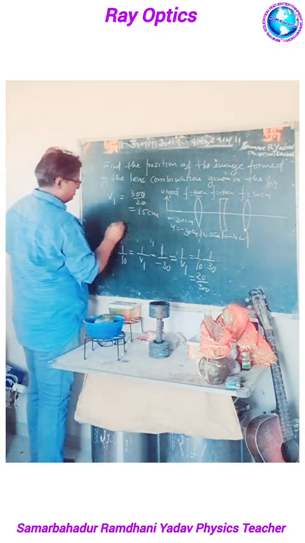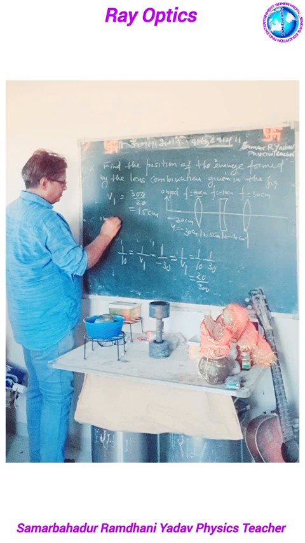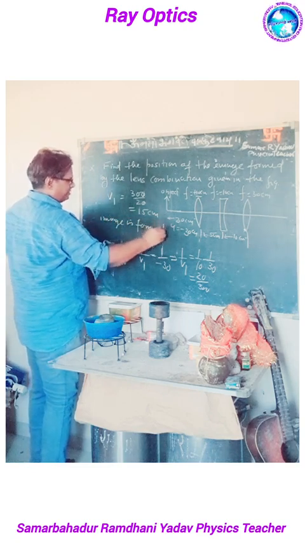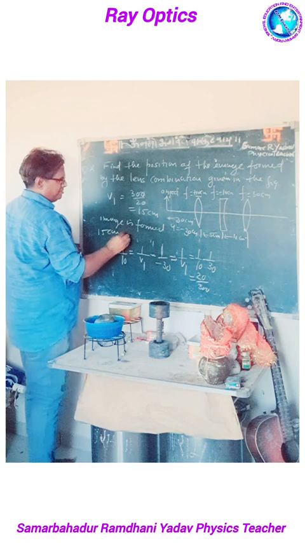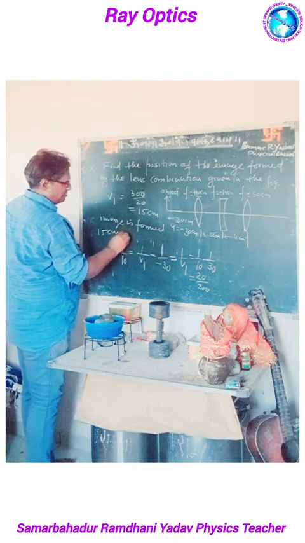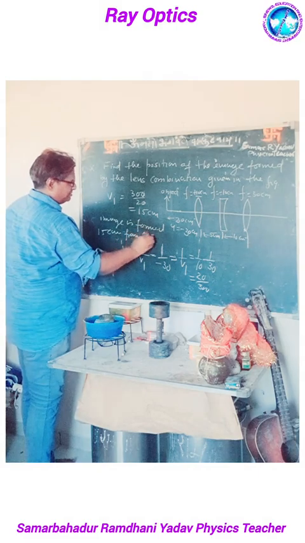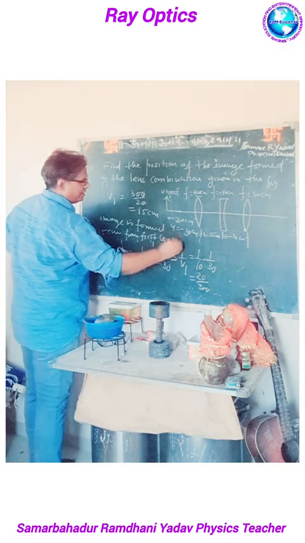Now the image is formed 15 centimeter from the first lens on the right hand side.